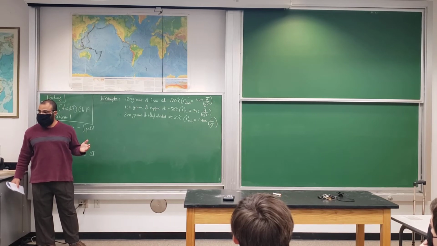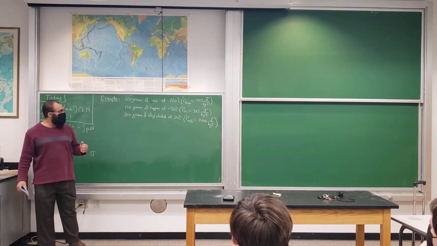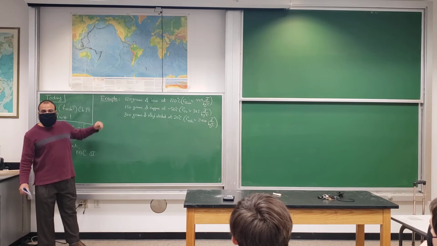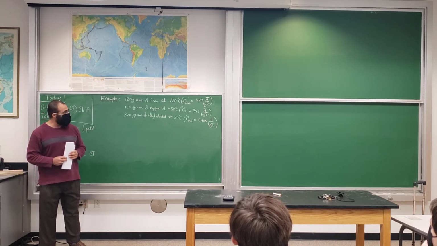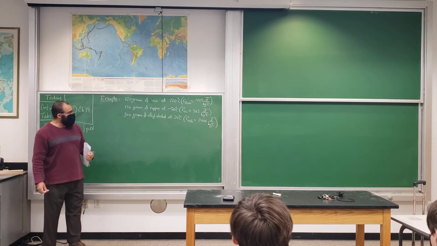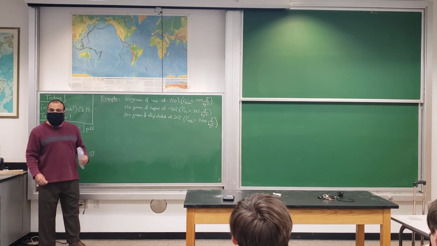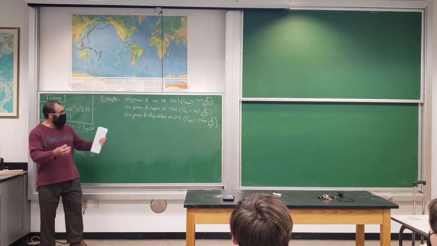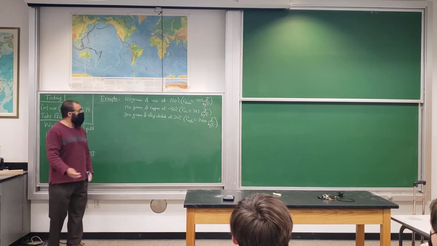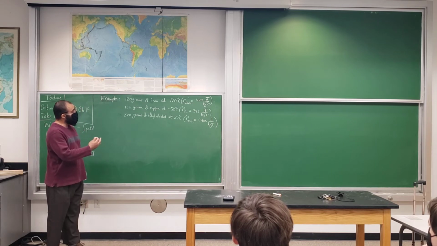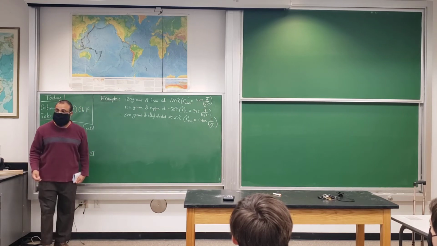That's a good guess. It's good to take an educated guess to save yourself some time. And it turns out that is the case. So we're going to assume the temperature is going to be somewhere where ethyl alcohol is still a liquid. So who's going to lose heat and who's going to gain heat?